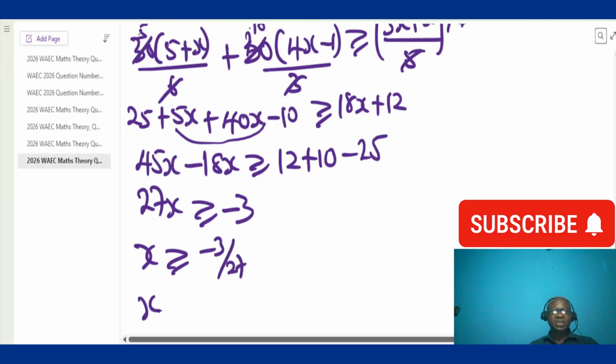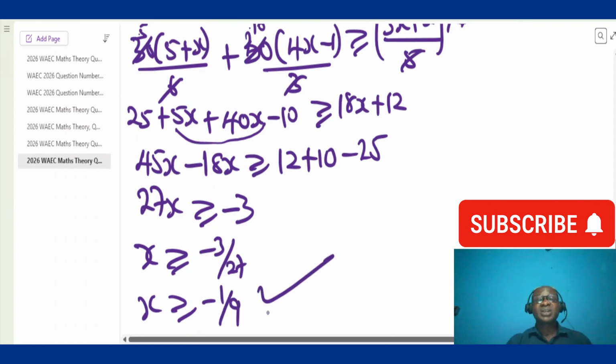We can reduce it to x greater than or equal to minus 1 all over 9. Final answer. Therefore, question number 11, WAEC 2026 theory, questions A(i), (ii), and B are fully solved here.